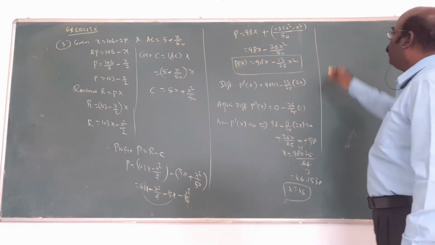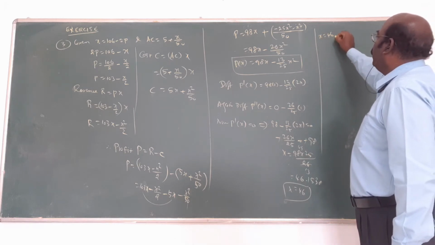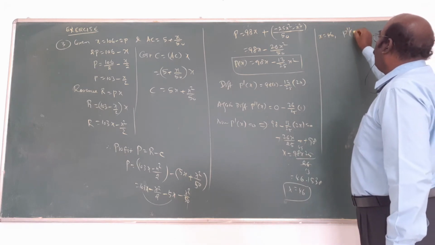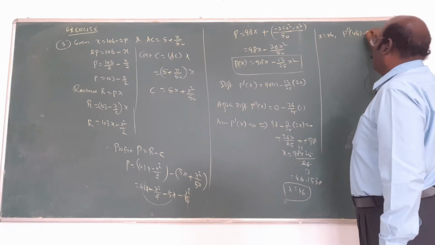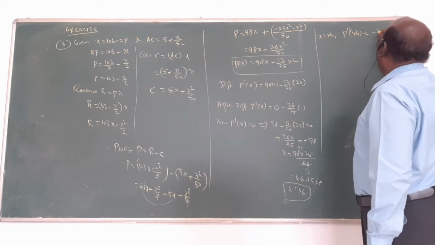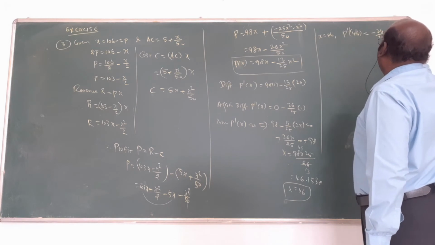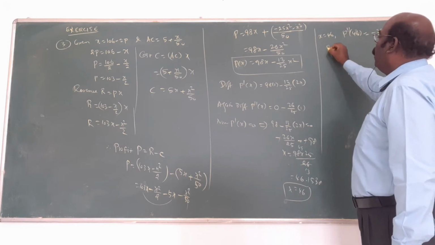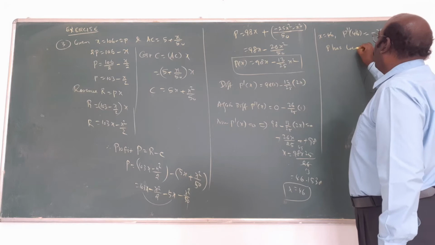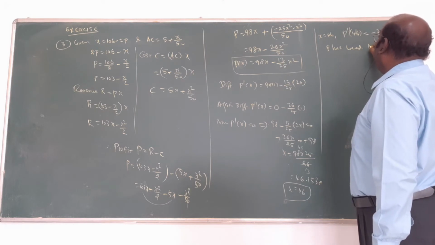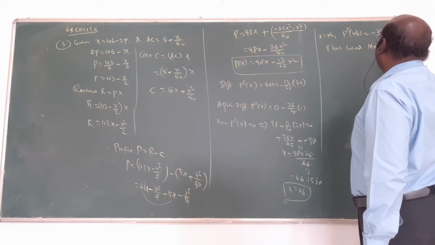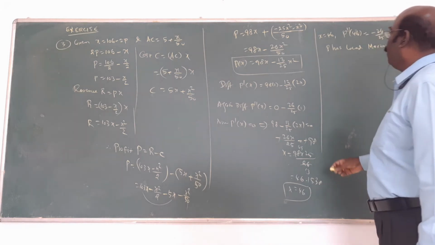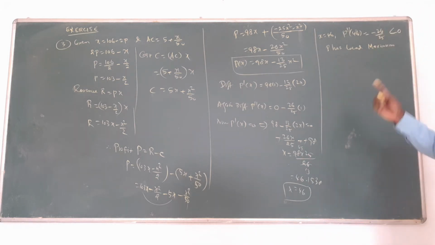When x equal to 46, the second derivative is equal to only minus 26 by 25, no x value, so less than 0. Therefore, P has local maximum, negative. Therefore, what is asking? The maximum profit is asking.